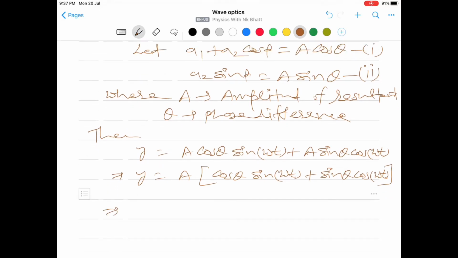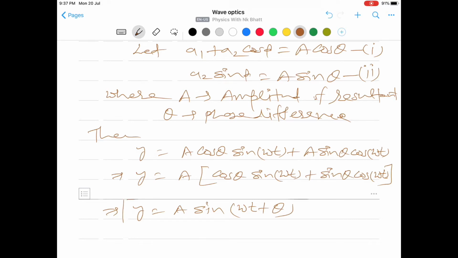If we use the formula of sin a plus b, then this term can be expressed as y is equal to a sin omega t plus theta.